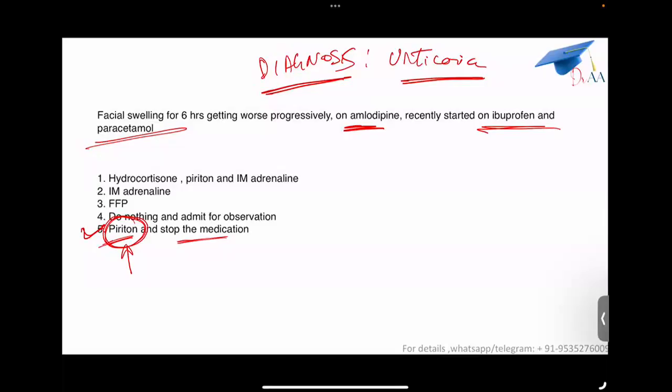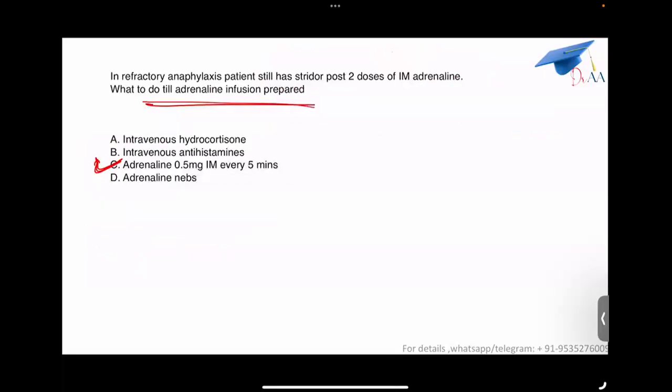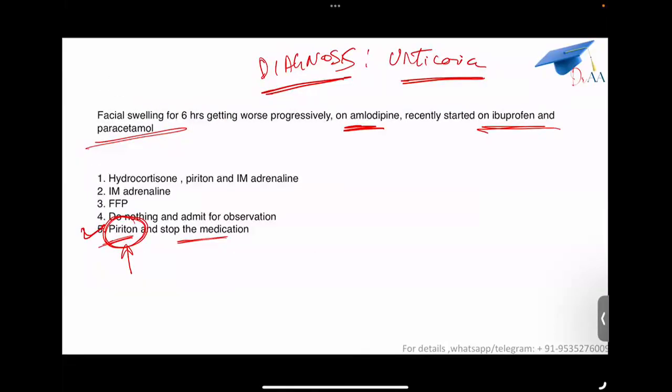Sorry, doctor. In the previous question, if that patient had an airway complication, the priority will be for adrenaline nebulizer, right? Correct in this one. If this one has an airway involved, then definitely you'll go for adrenaline first. Nebulizer.